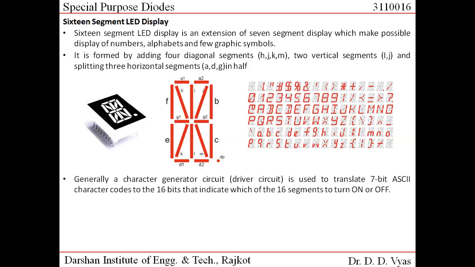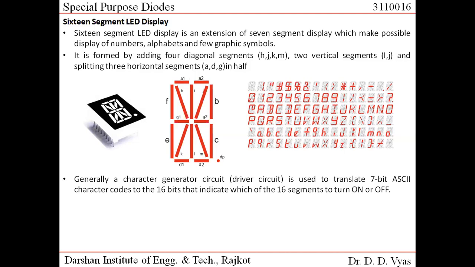These are popularly called driver circuits for 16-segment displays. So what are these driver circuits? To these driver circuits, we are simply supposed to give a 7-bit ASCII character, and this driver circuit would convert the 7-bit ASCII character into the appropriate 16-bit code to be given to the 16-segment display.